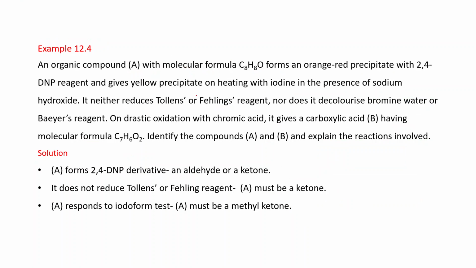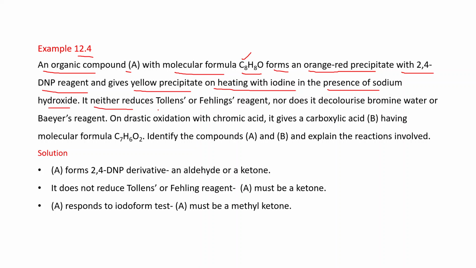Now see one example, 12.4. An organic compound A with molecular formula C8H8O forms an orange-red precipitate with 2,4-DNP reagent. That is, this compound gives the DNP test, and gives a yellow precipitate on heating with iodine in presence of sodium hydroxide. It is also giving the iodoform test.